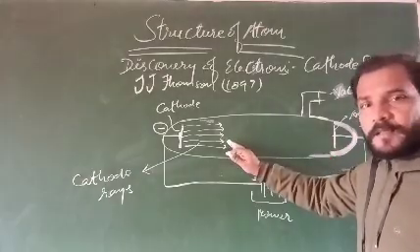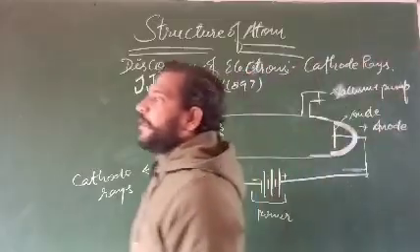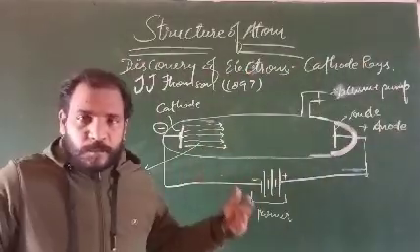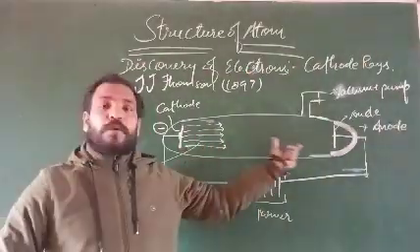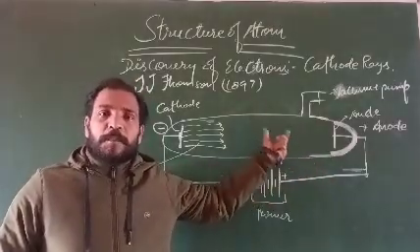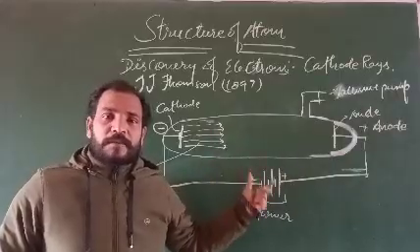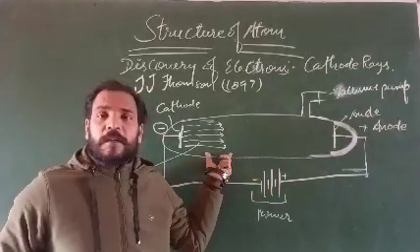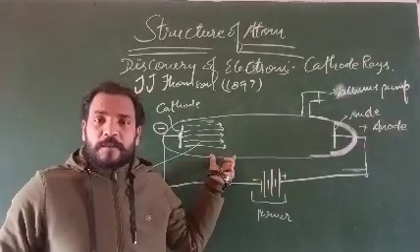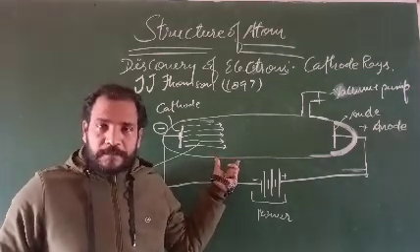These rays consist of negatively charged particles. It was proved that the rays move toward the positive terminal, toward the opposite electrode. That's why it is believed that these rays consist of negatively charged particles, that is electrons.